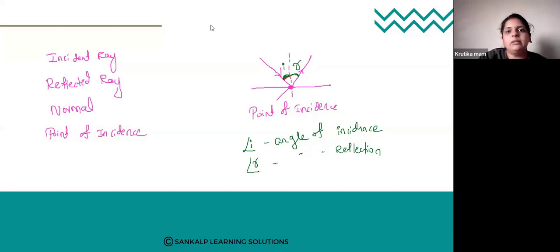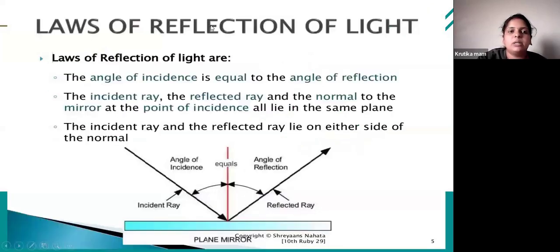Now let us go for the laws of reflection. There are two laws of reflection.